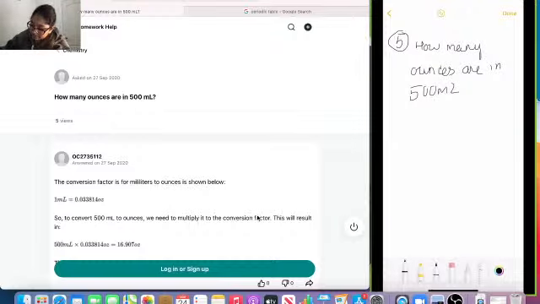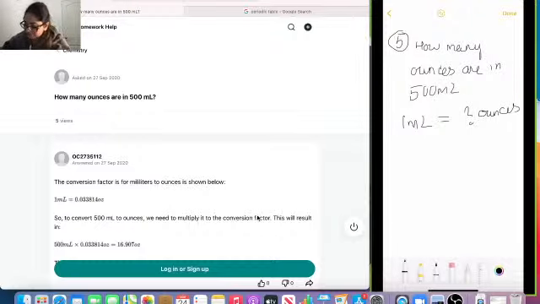So the first step to do is find, in 1 milliliter, how many ounces there are. So 1 milliliter is equal to basically how many ounces, right?